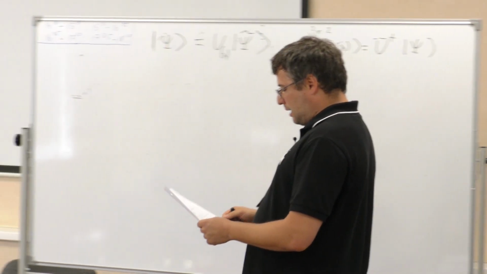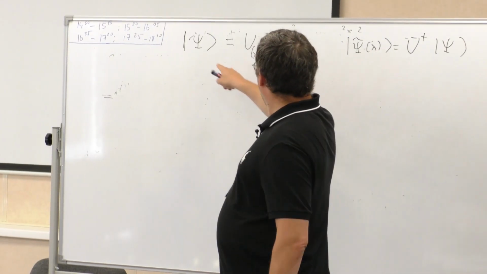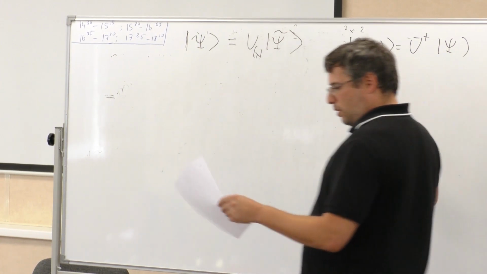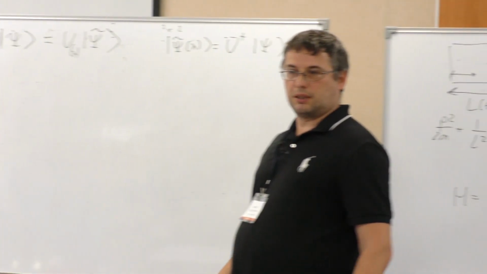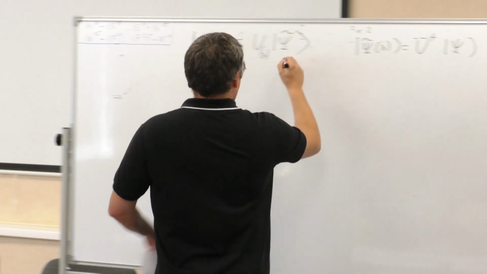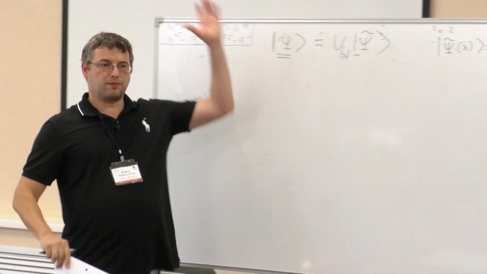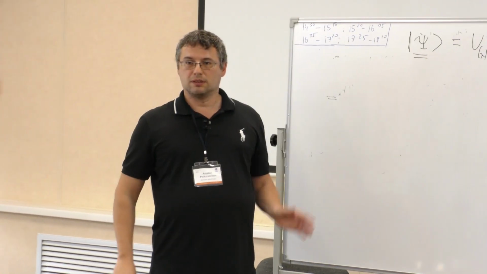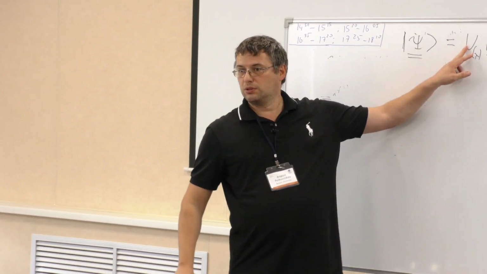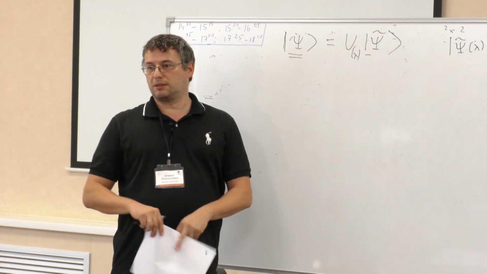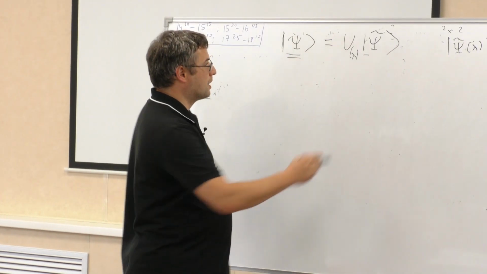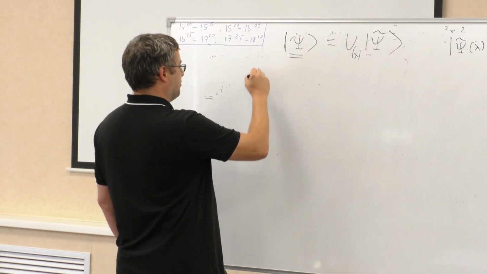And then I can now ask how this new state psi tilde evolves if I change lambda. So far, this psi is just some fixed state vector. But the unitary U depends on the parameter lambda. OK, so I can write equations of motion.